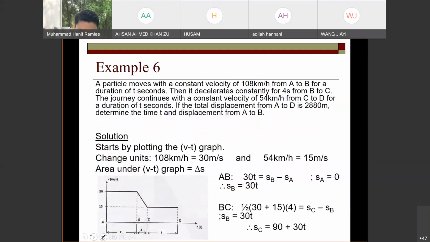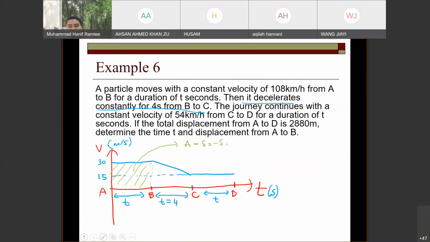So the area for this one is very straightforward, which is 30 times T. This one is 30, this one is T.